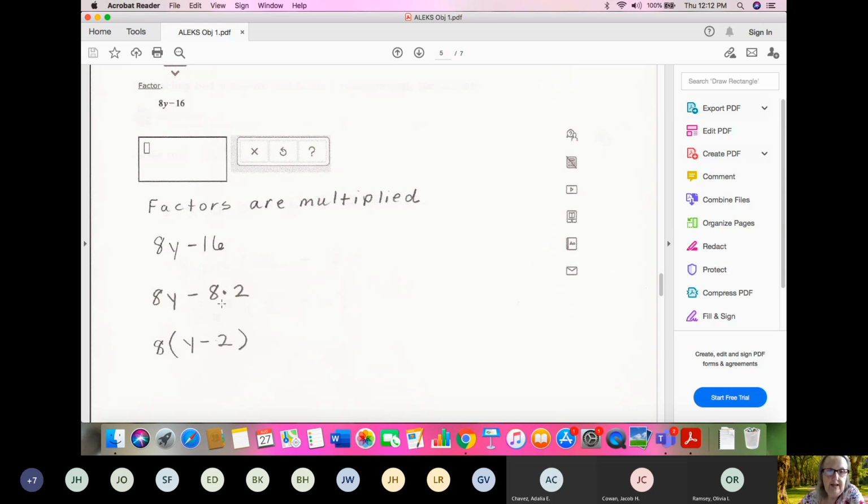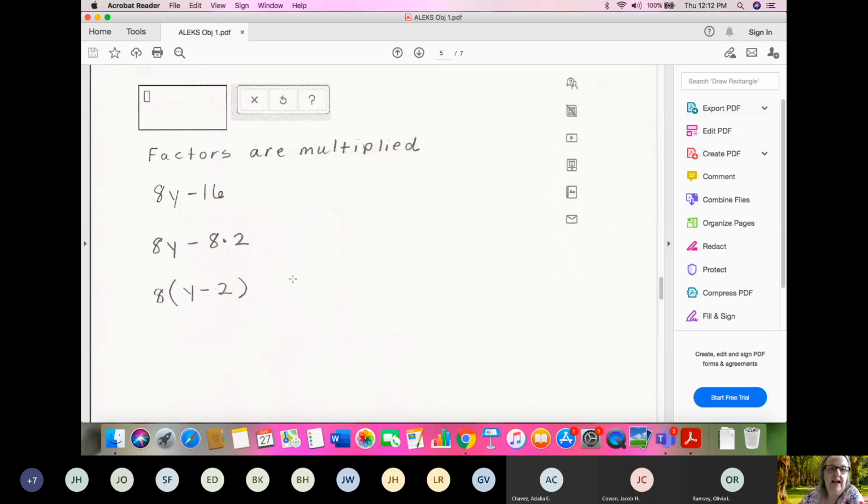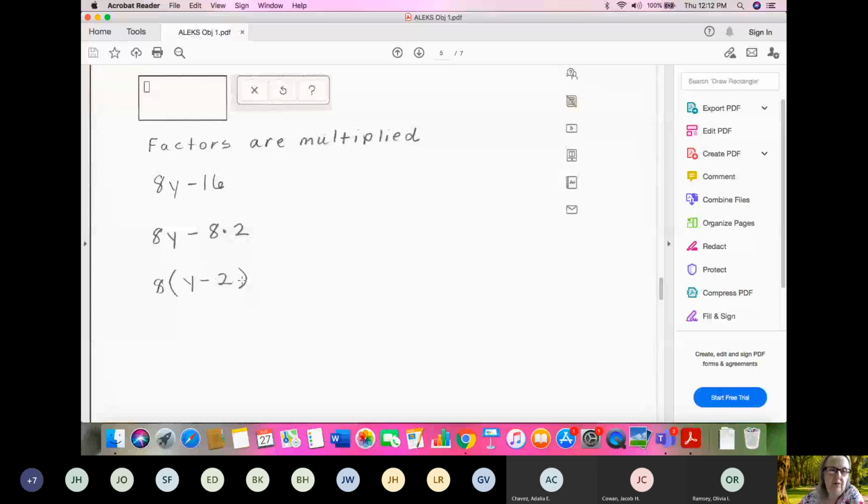So I can write 16 as 8 times 2, and we've got a minus sign in front of that. Now we factor out of terms. We have a term here, 8y, plus this term, negative 8 times 2. Terms are added. In each term we have an 8, so we want to factor it way out front. What's left?